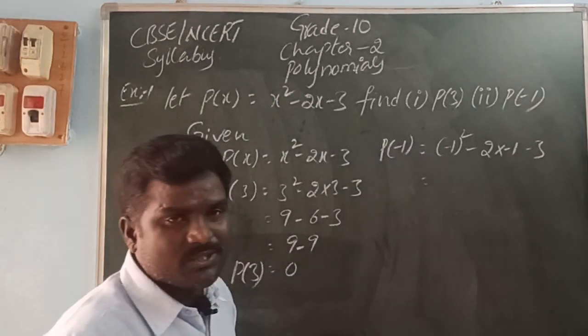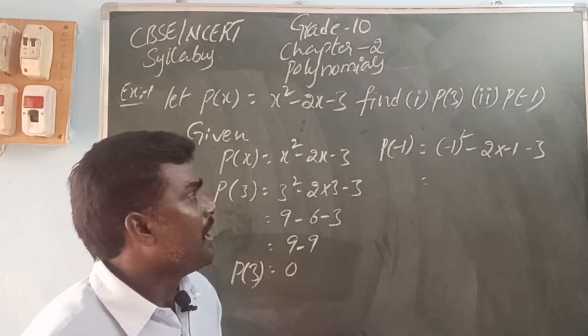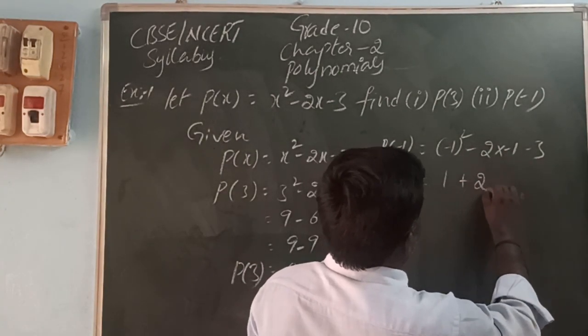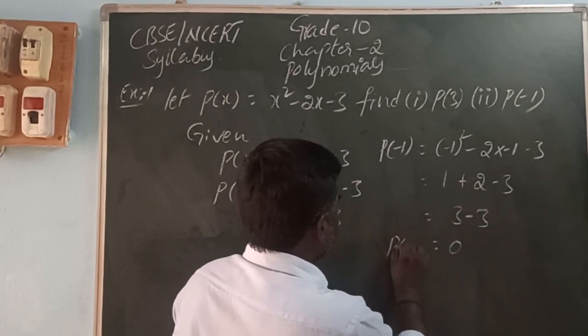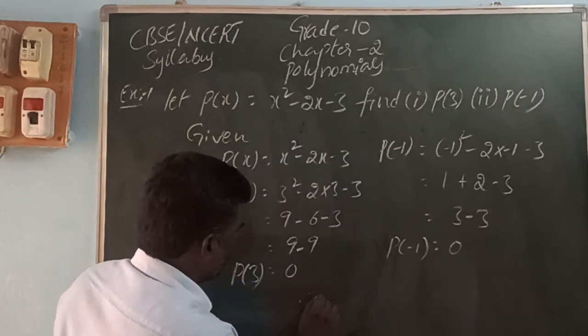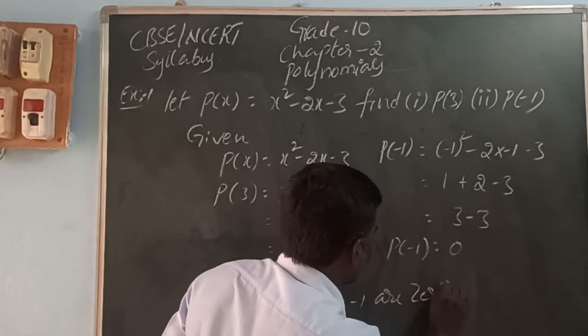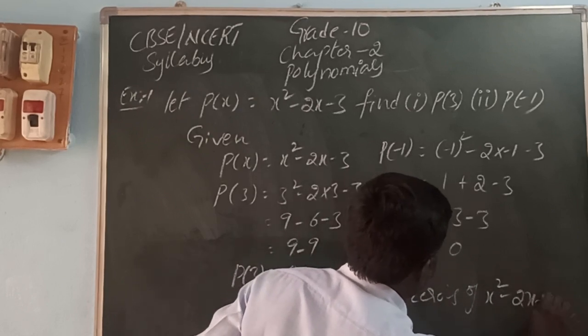Minus 1 whole square: a negative integer multiplied an even number of times becomes positive, that is 1. Minus minus plus, 2 ones are 2, minus 3. 1 plus 2 is 3, 3 minus 3 is 0. So p of minus 1 is equal to 0. Therefore 3 and minus 1 are zeros or roots of x square minus 2x minus 3.